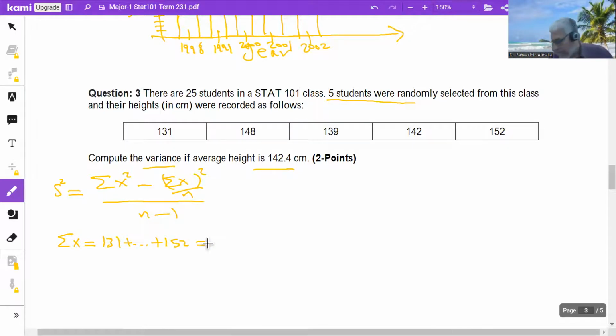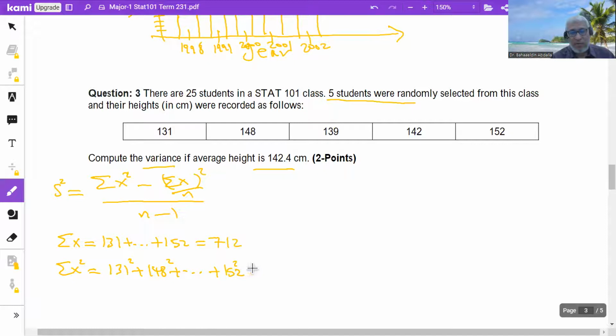And if you use the calculator to add these numbers, you will find that the answer is 712. And we need summation x square, which is 131 square plus 148 square up to 152 square.